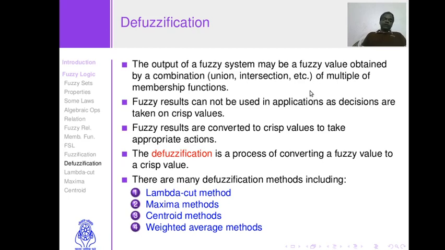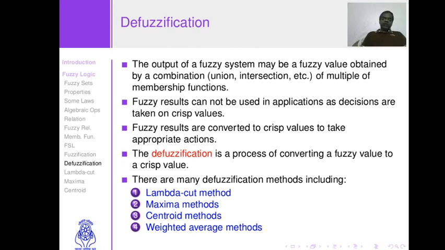For that purpose we need crisp values. Therefore the fuzzy results need to be converted to a crisp quantity, and this process is known as defuzzification. In other words, defuzzification is the process of converting a fuzzy value or fuzzy quantity to a crisp quantity.